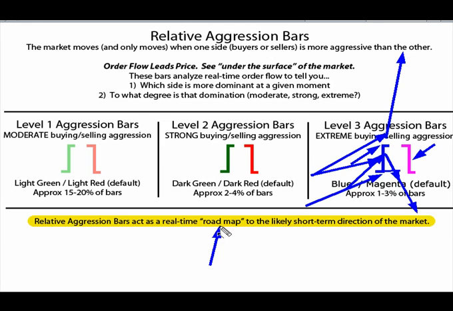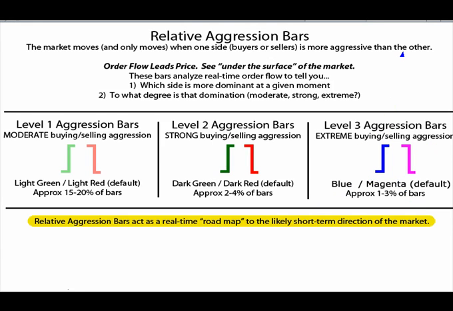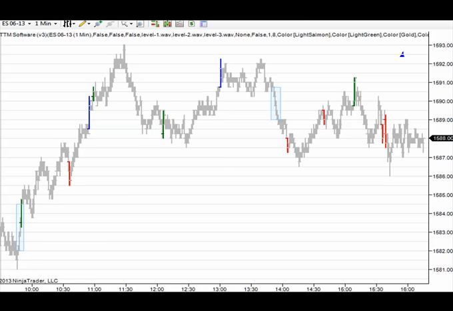So I want to talk about this concept of one-sided versus two-sided or consolidation. What I mean is, if you can determine if the market is one-sided, in other words, controlled by buyers or controlled by sellers, then, if the market's one-sided controlled by buyers, number one, you don't want to be fighting that. You don't want to be on the short side. You don't want to try to be a hero. Avoid low expectancy trades.